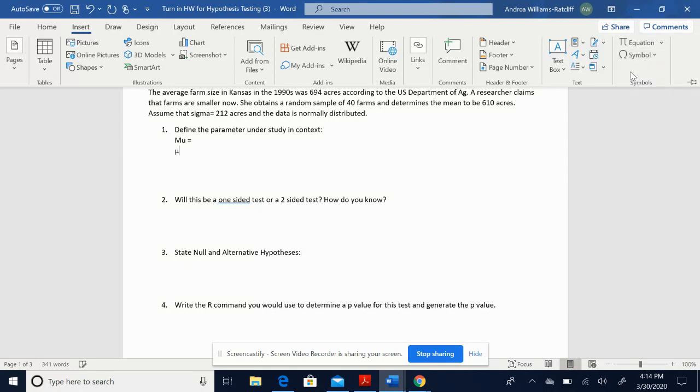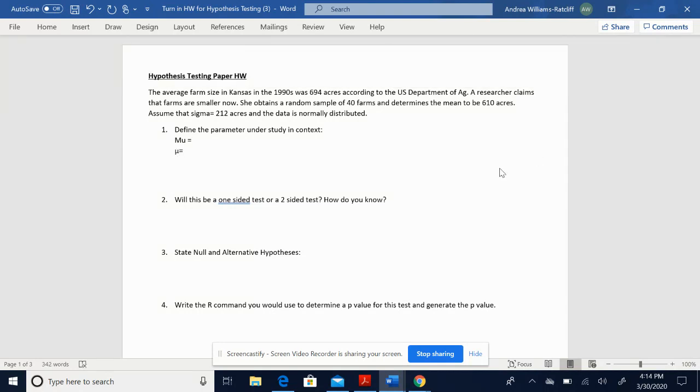You cannot simply put M. M is not an acceptable notation for mu. In mathematics, M is a notation for slope. So you cannot put that here under any circumstance. It must be mu equals, or the word mu, or the symbol. That is not negotiable. It must be there.